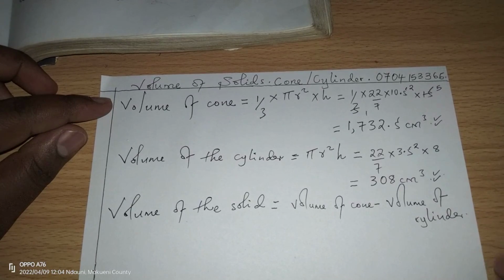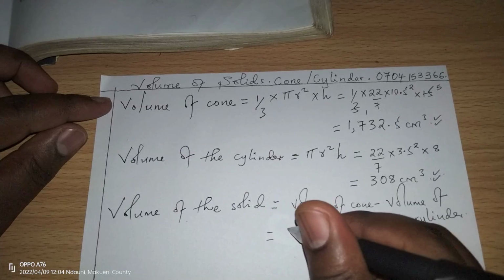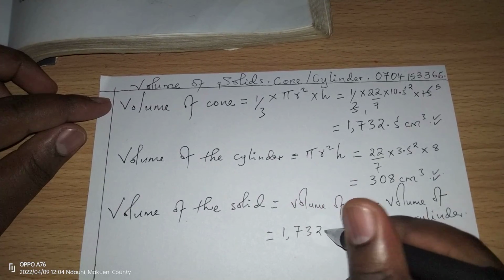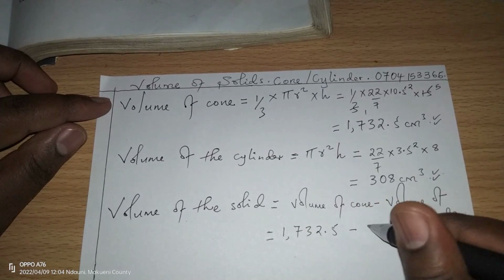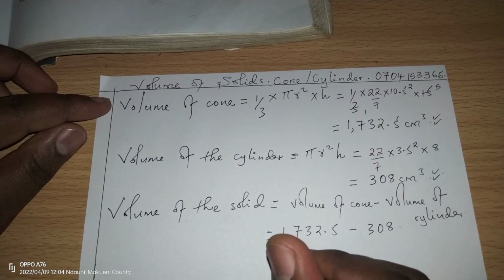So now we can substitute the two volumes because they are already calculated. So we shall have 1732.5, and we subtract 308 cubic centimeters.